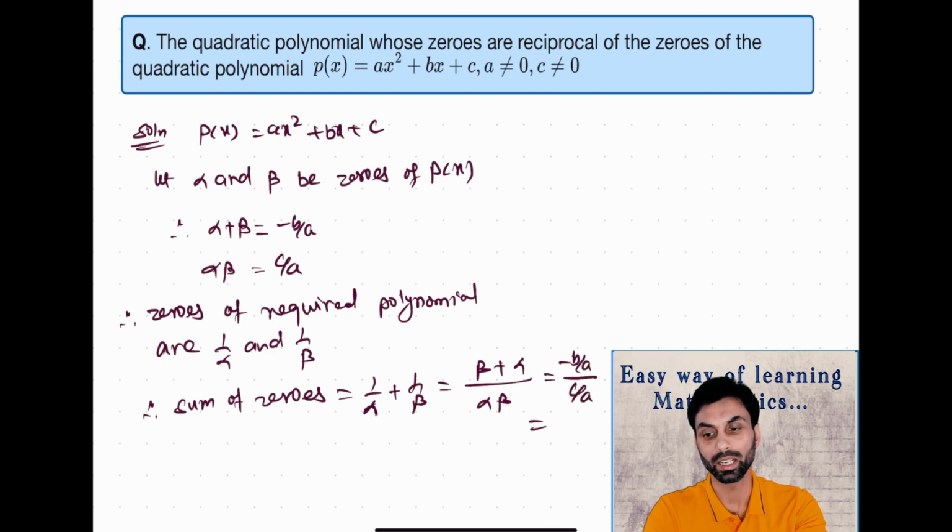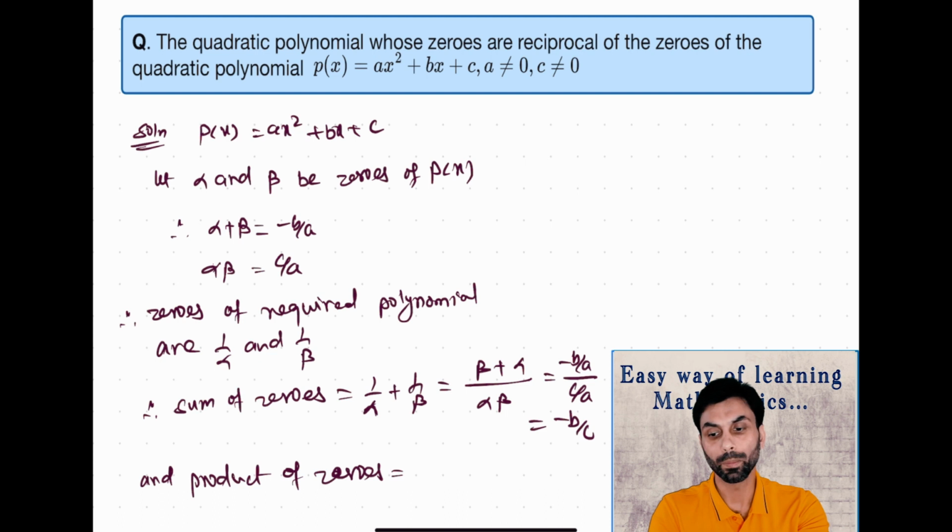On solving, we'll get minus b upon c. And the product of zeros will be 1 upon alpha into 1 upon beta, which is 1 upon alpha beta, which is 1 upon c upon a, that can be written as a upon c.